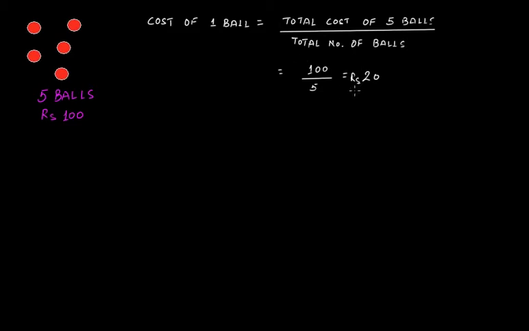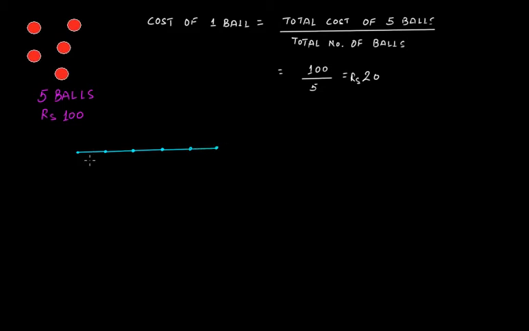So let me break down this whole process in a very simple way. If I have to find the price of one ball, suppose this is the price of one ball, then another price of second ball, price of third ball, price of fourth ball, price of fifth ball.